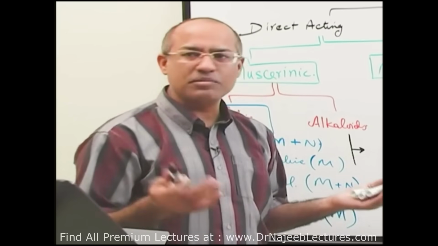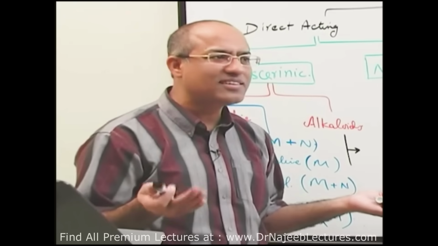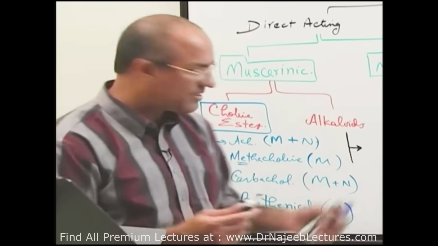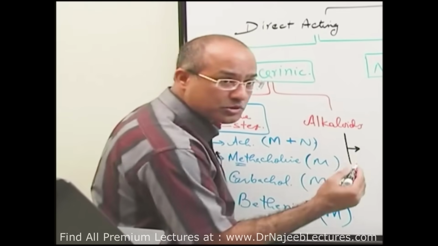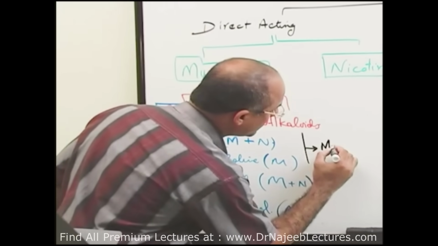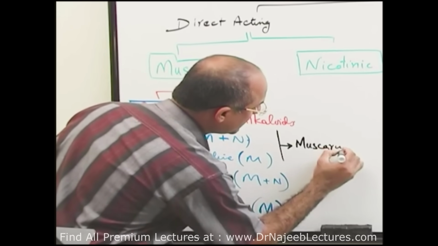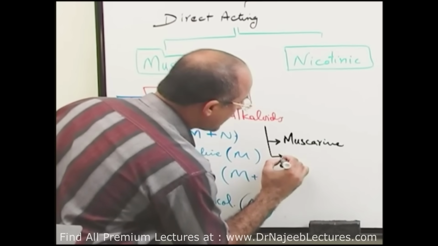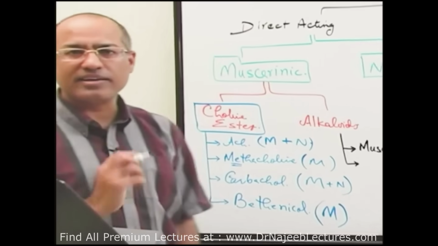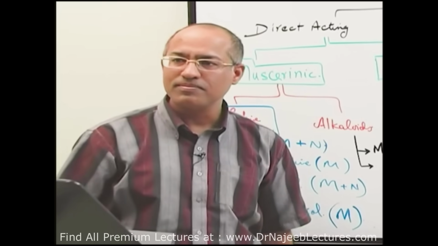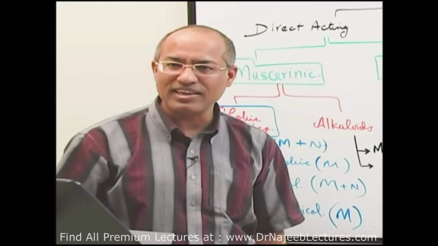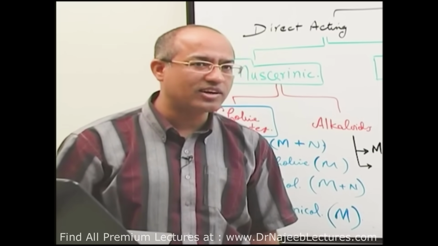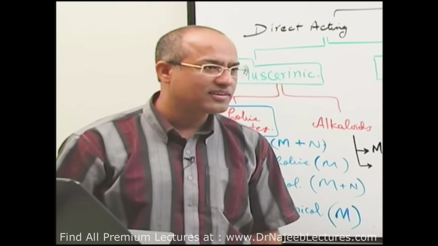Because they can be stimulated by muscarine, and muscarine is derived from plants, or mushroom. So muscarine. Any other drug which is derived from the plant and it can stimulate the muscarinic receptor? Yes, that drug is very, very important.